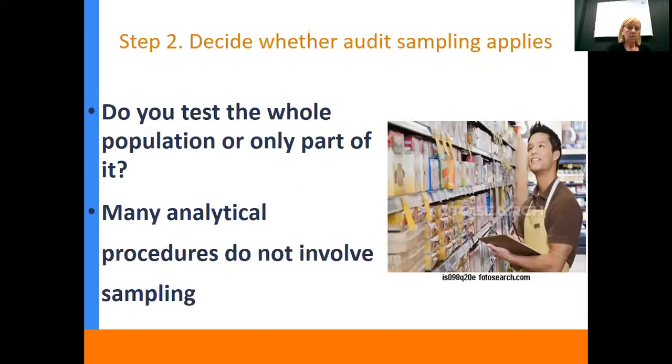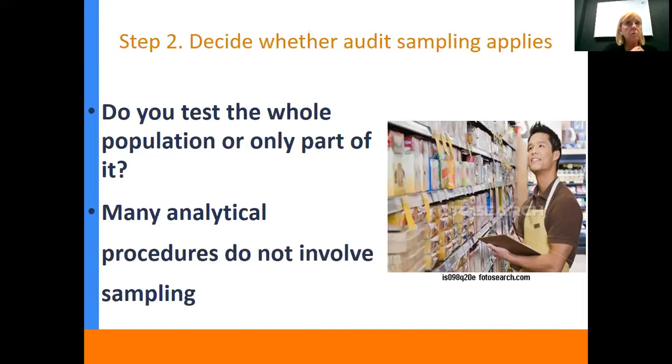Then we've got to decide whether audit sampling applies. And the question is, are we going to test the whole population or only part of the population? If I'm doing analytical procedures, I would normally use the whole population. I would compare total revenue this year with total revenue last year. It's not a matter of sampling when it comes to that.